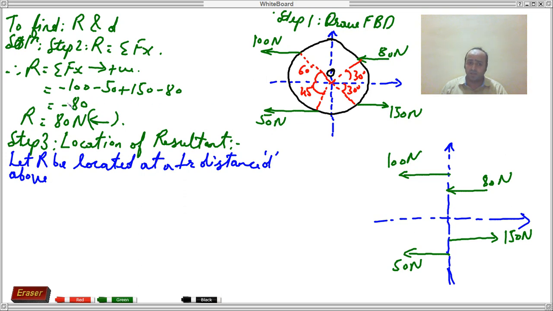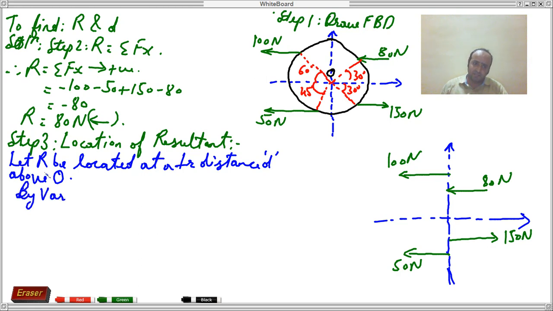It is acting towards left hand side, so it may be lying above O or on O or below O. We have started with an assumption that the resultant R is located at a perpendicular distance d above the point O. Okay, so let's go ahead with the calculation, my friends.